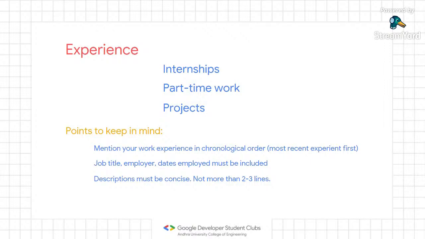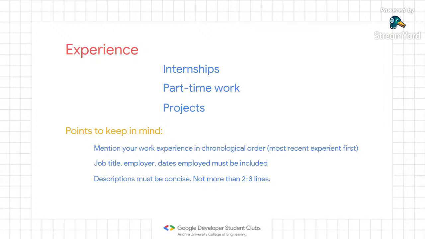It would also be better if you can mention the timeline as to when you worked there, be it 2018 May to 2019 May or something like that, and a brief description about what your work revolved around at the internship. What did you actually do? So that would constitute your internships part.